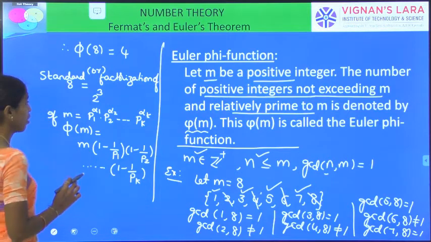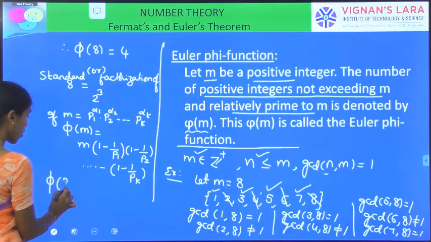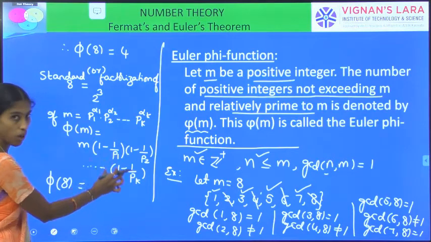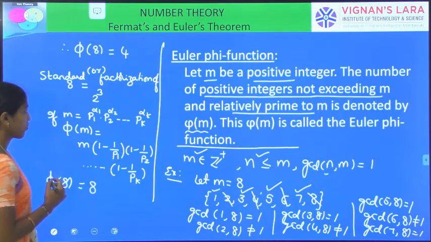This is the formula. So for this 2 cube, now I am calculating phi of 8 using this formula. So m means here 8, right?